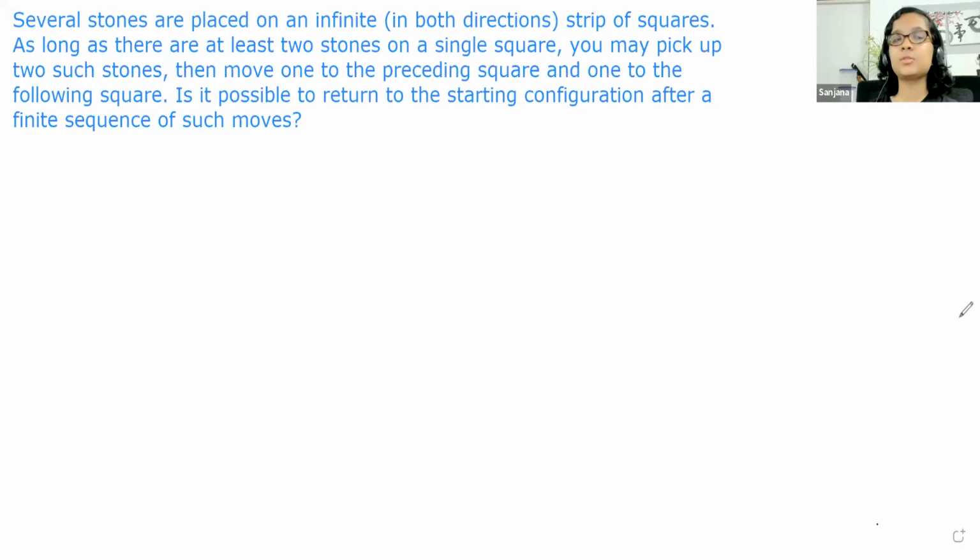It's intuitive that it's not possible. You can say the farthest thing is only moving further, but that's not a formal thing. I want you to try this by finding an invariant and then using it. I will give you 2 more minutes. If you don't get anything, then Anurag can tell, I guess.